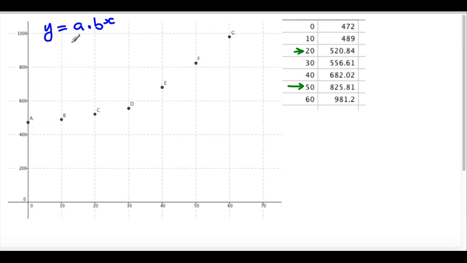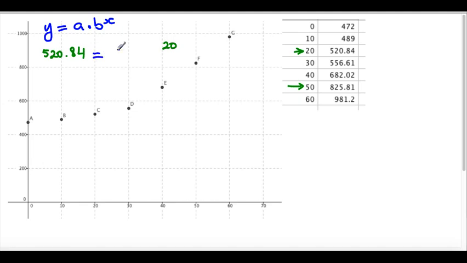So if we are going to do so, then using the basic form of our exponential function, we could substitute the x and y value that we have chosen. So in this case, let's say it's going to be 520.84. And then the x value later on will be 20. Then I'm going to just fill in the rest.